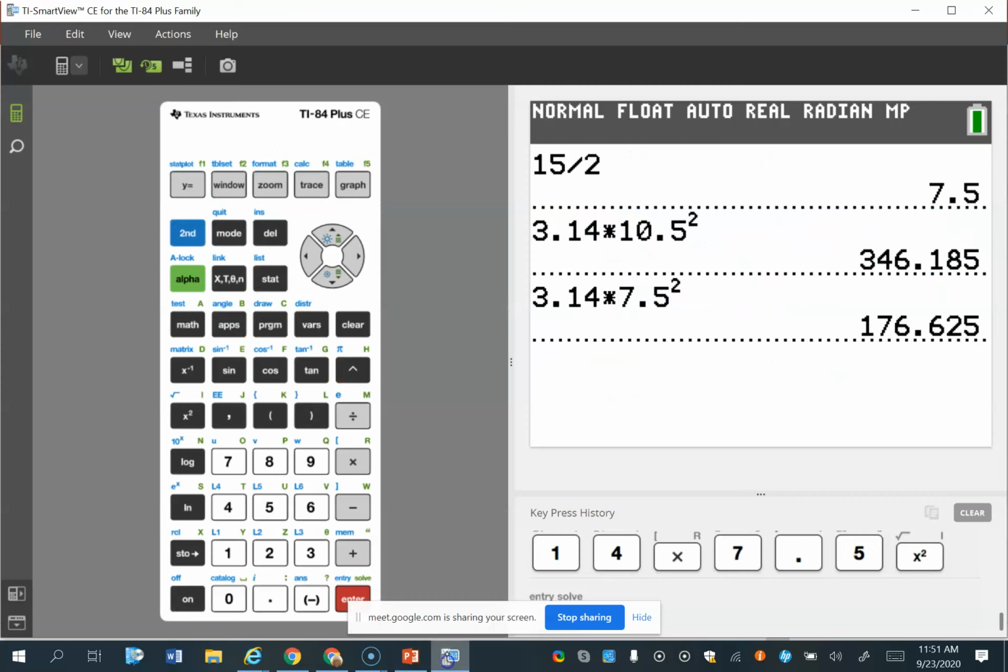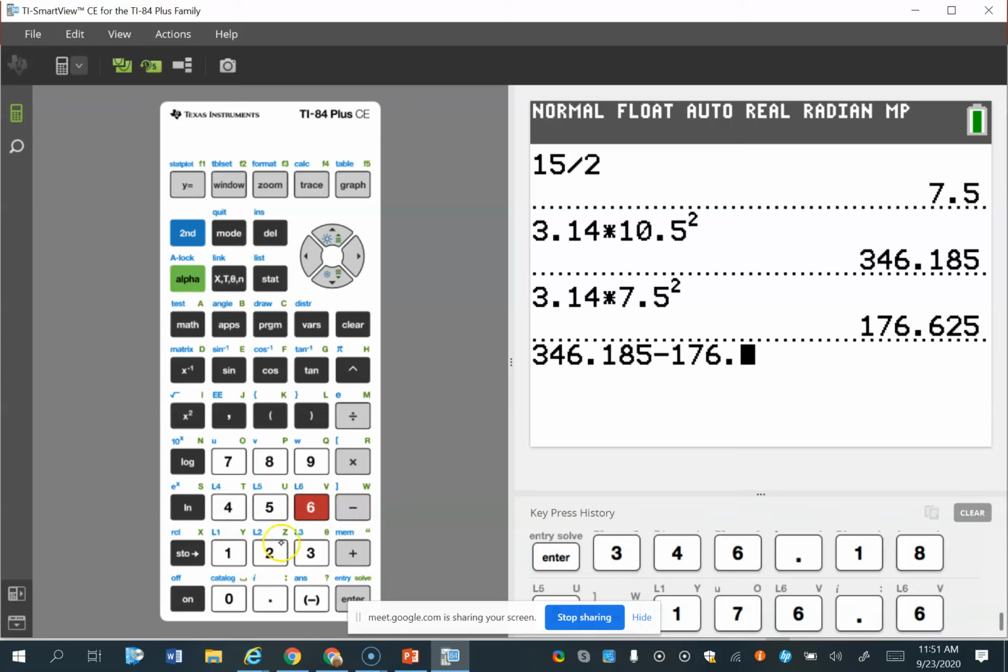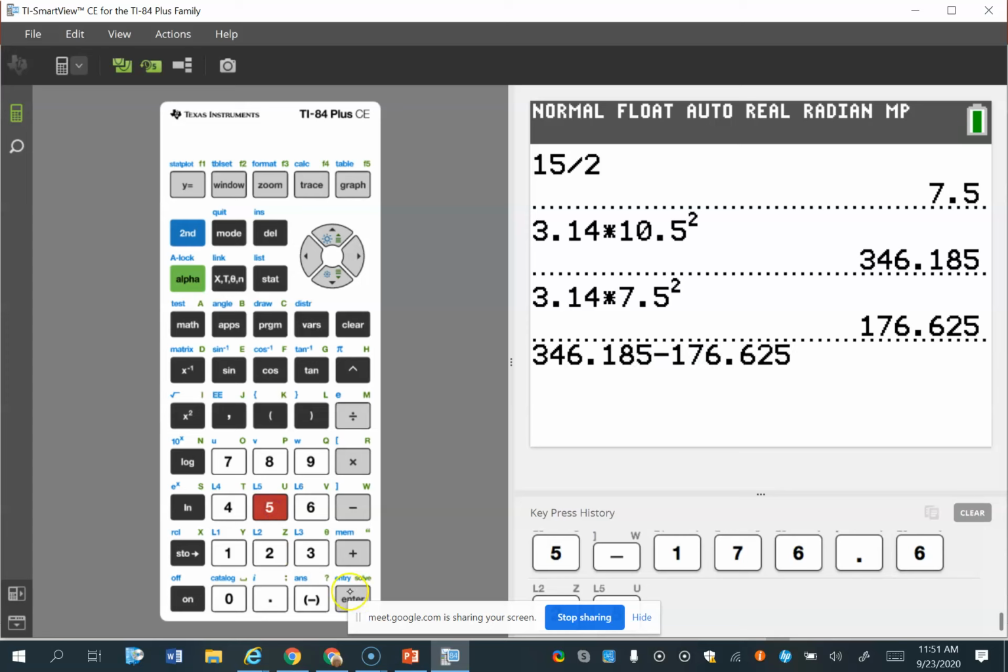And from this, we're now going to do our subtraction. So 346 and 185 thousandths minus 176 and 625 thousandths leaves us with 169 and 56 hundredths.